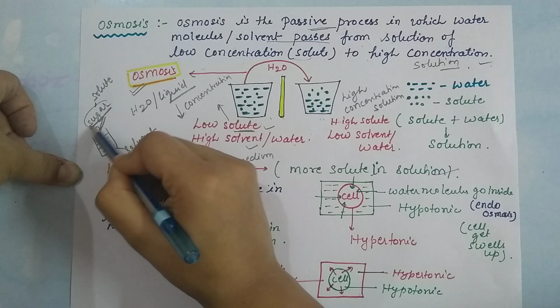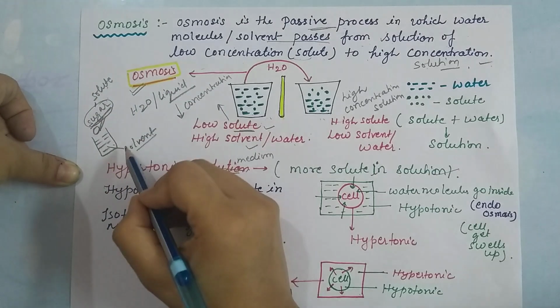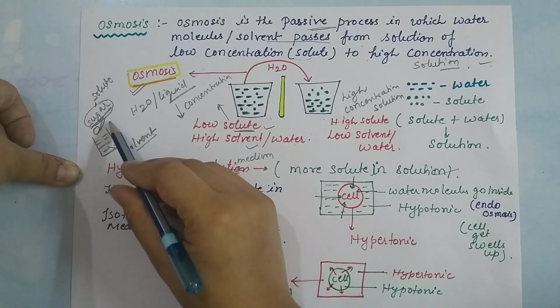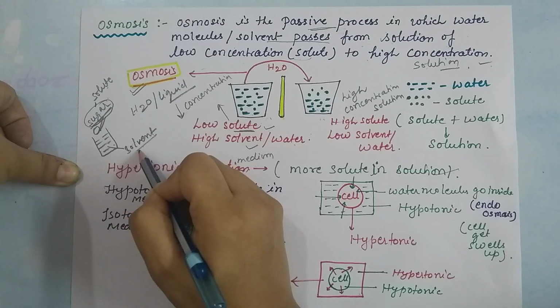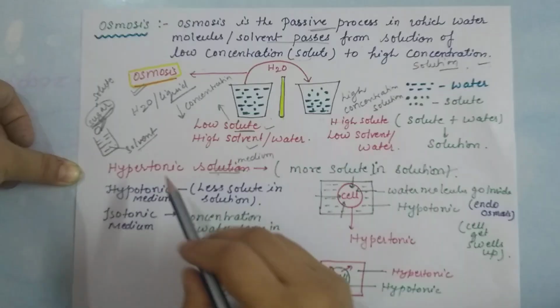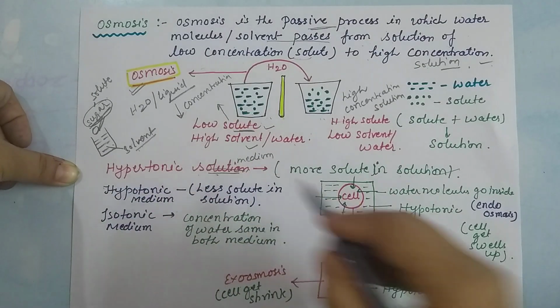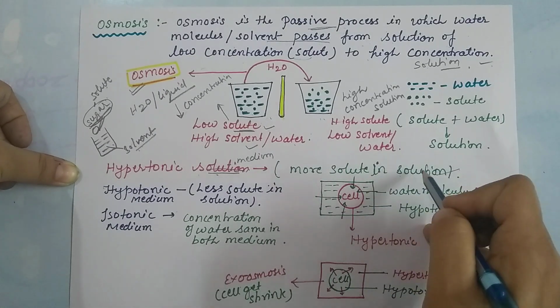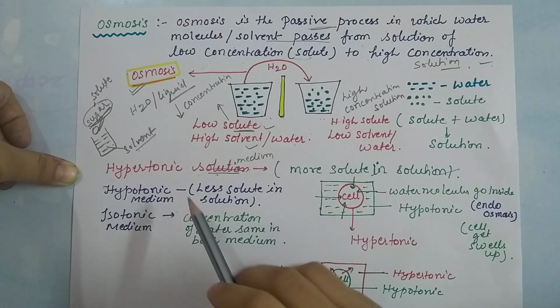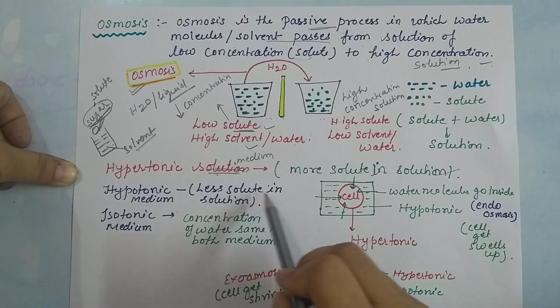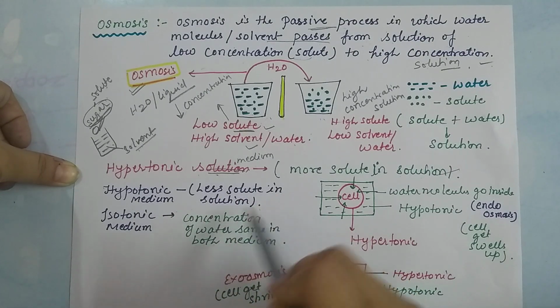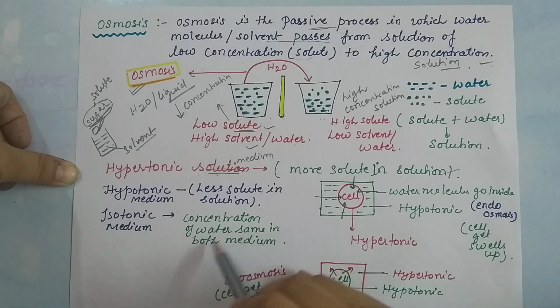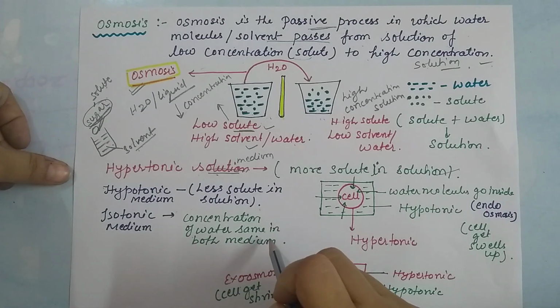The sugar particles are the solute, and the water in which sugar is dissolved is called the solvent. So in a hypertonic medium there is more solute in the solution. In a hypotonic medium there is less solute in the solution. And in an isotonic medium there is the same concentration in both the media.